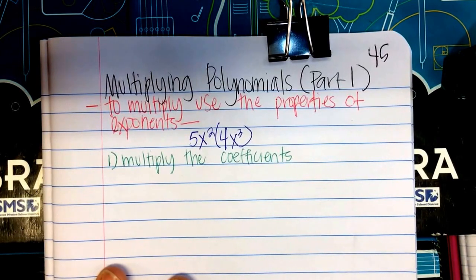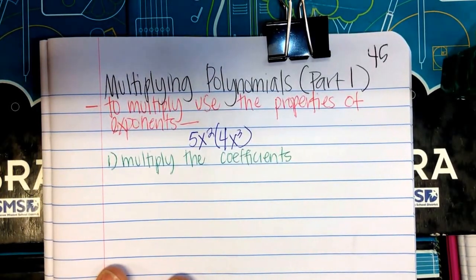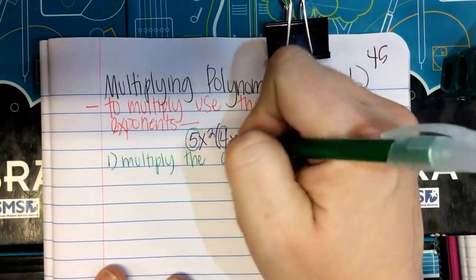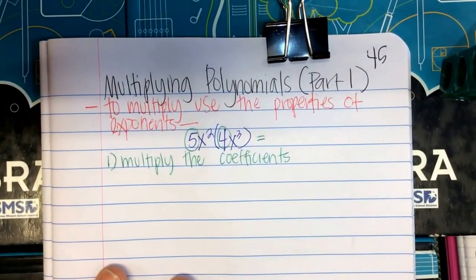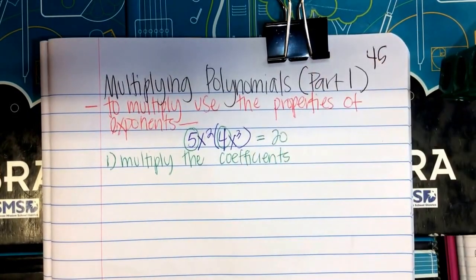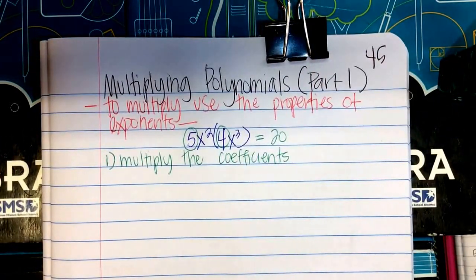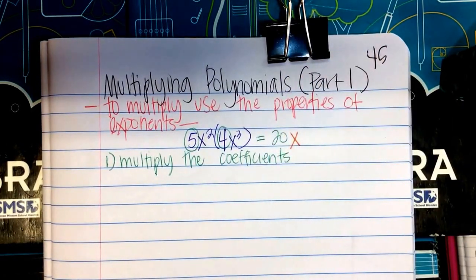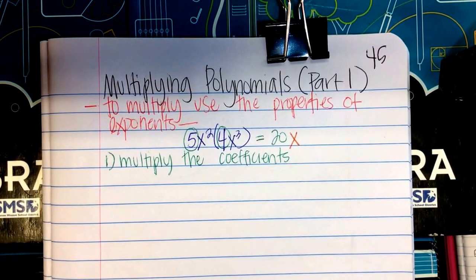So every problem tonight on homework, you're going to multiply the coefficients first. And Christian said you do 5 times 4. 5 times 4 is 20. Then put the variable. So x. And how do I know what I put with the variable?